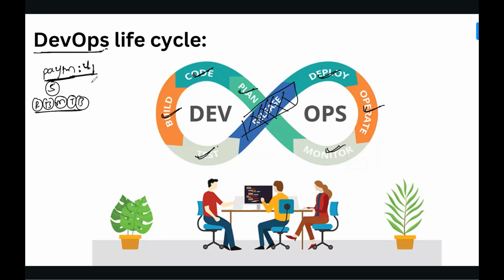Let's say after 1 year, the Paytm owner has come up with a new idea. He says my Paytm application is booming in the world, and I want to upgrade from Paytm application version 1 to version 2.